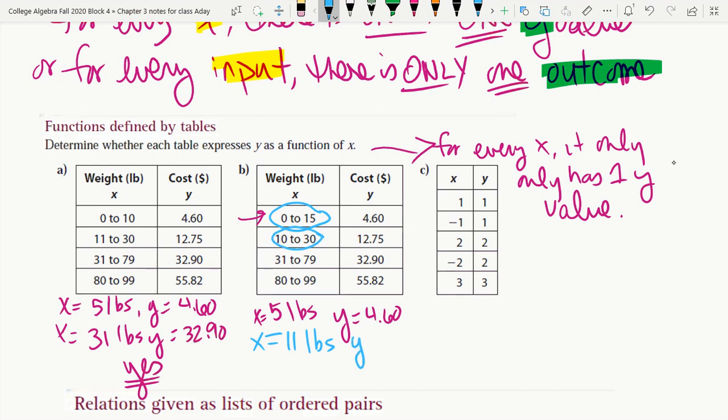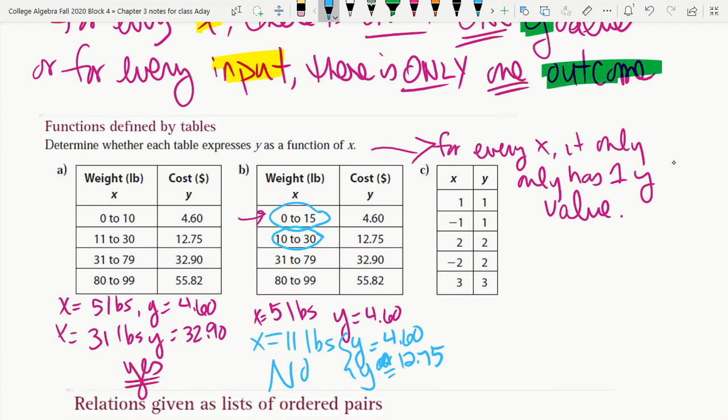So my y values are $4.60, or it could be $12.75. So since when x equals 11, I have two y values, this is a no. So that is not a function. That does not express y as a function of x.